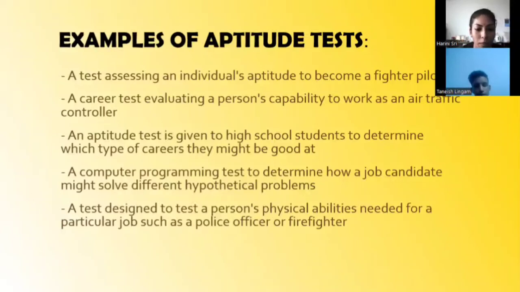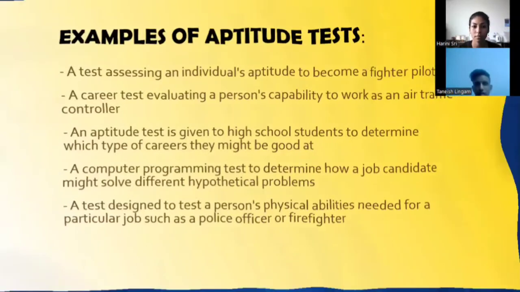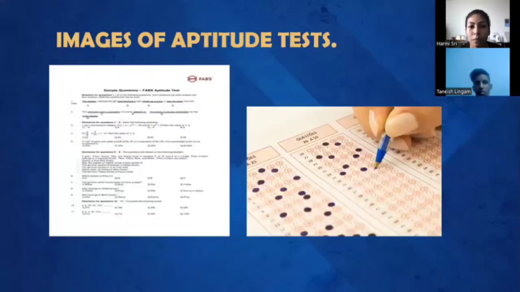Next is a computer programming test to determine how a job candidate might solve different hypothetical problems. Last is a test designed to test a person's physical abilities needed for a particular job such as police officer or firefighter. So these are examples of aptitude tests.